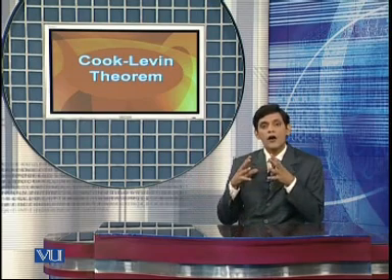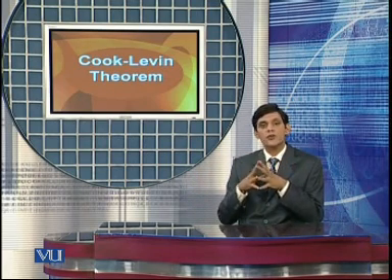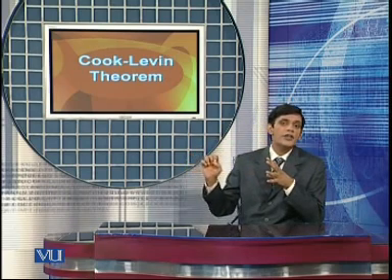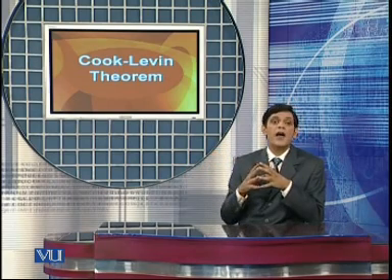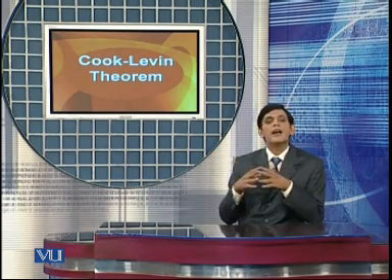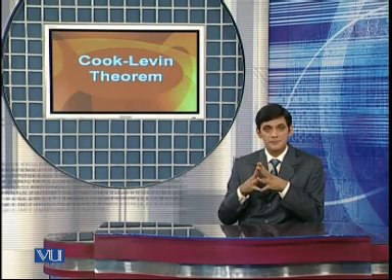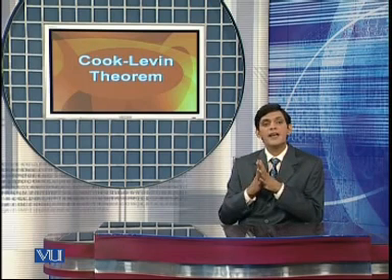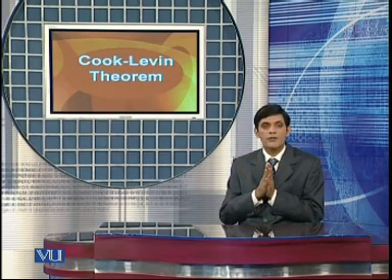So this formula phi sub accept is going to be true if and only if in the tableau you have put the state q sub accept somewhere, or at least somewhere an accepting configuration of M has appeared. So this formula captures the fact that this tableau is encoding an accepting configuration.